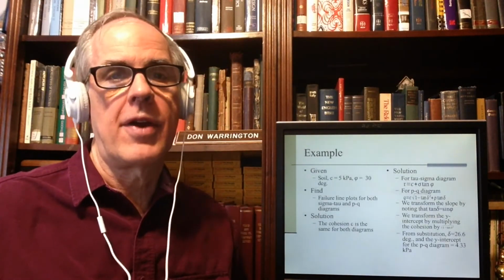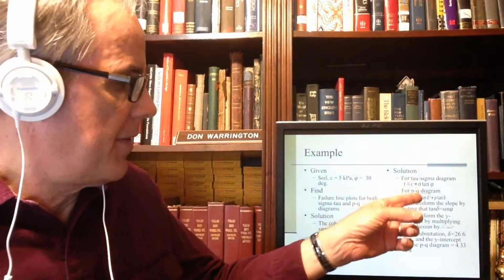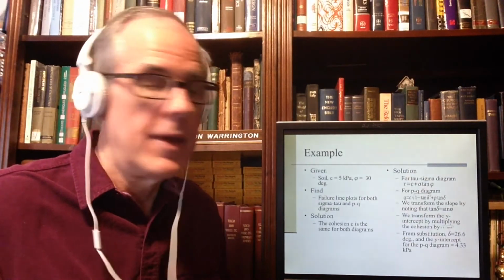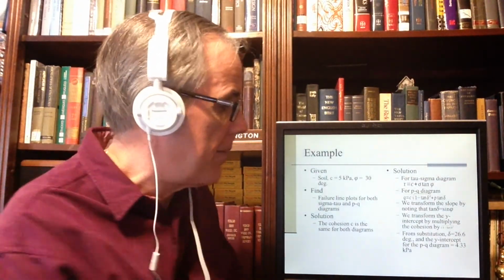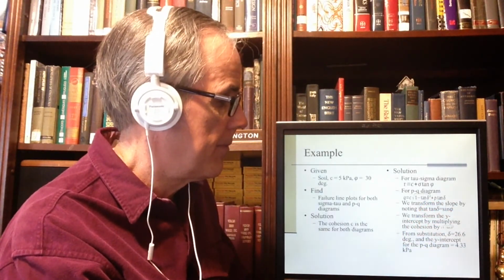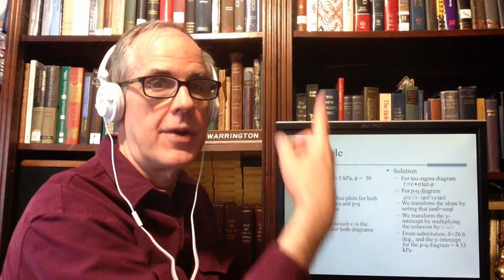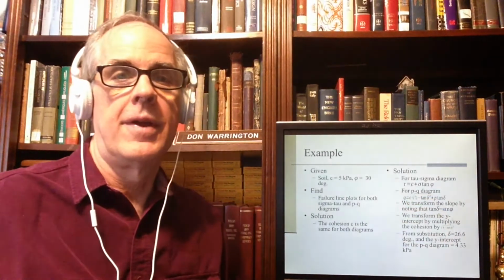For a PQ diagram, and I actually show how the math works on getting from this to this, the Q, which is the y, is equal to mx. Now, m is tangent of delta. X is P. The P-axis is this way, and the Q-axis is this way. And the y-intercept is c times the square root of 1 minus tangent delta squared.